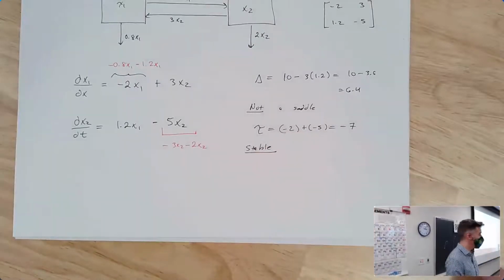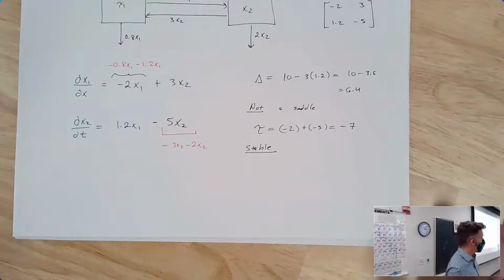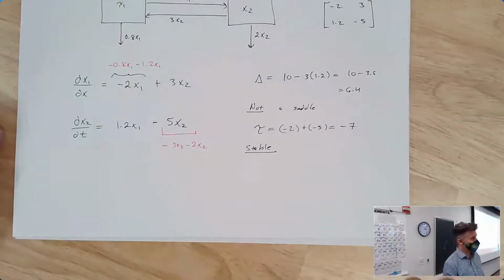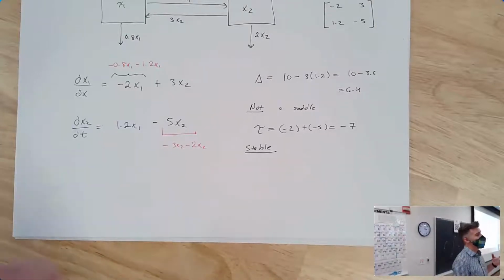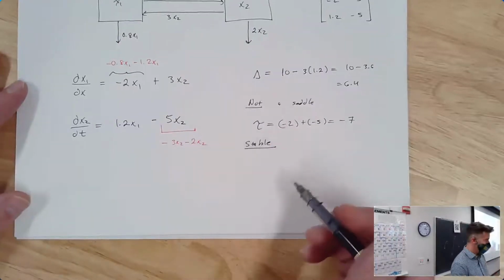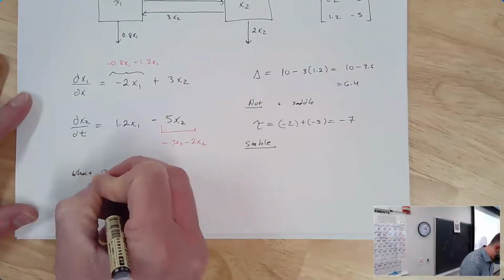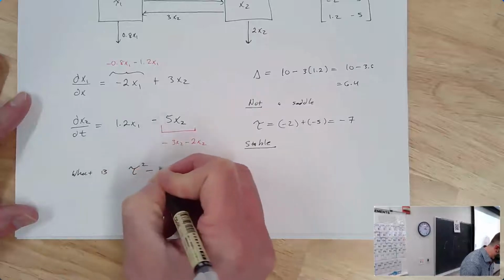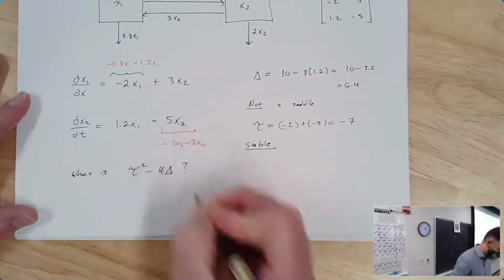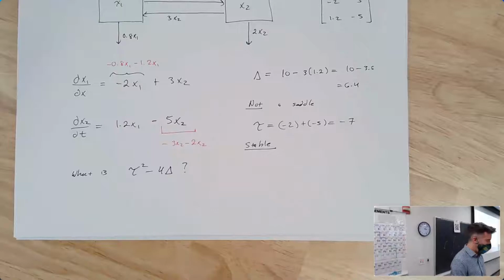The only thing left to see is, is it a stable saddle? Which is not a thing. Sorry, words. Sometimes the words come out wrong in my mouth. I apologize. Is it a stable node or a stable spiral? Not saddle. So the question we're asking is just, what's the deal with the discriminant? What is the trace squared minus 4 times the determinant? I don't actually have to calculate it. I just have to know whether it's positive or negative.